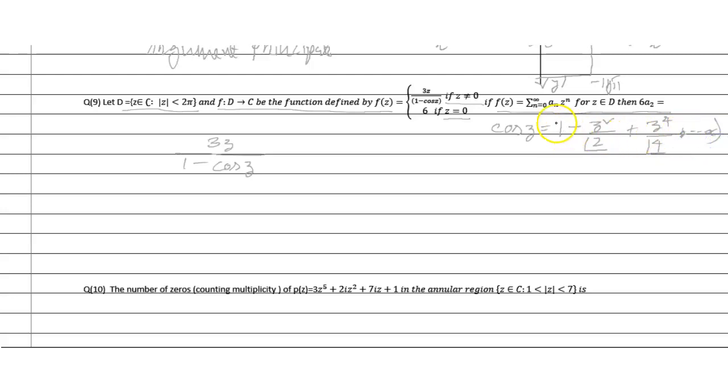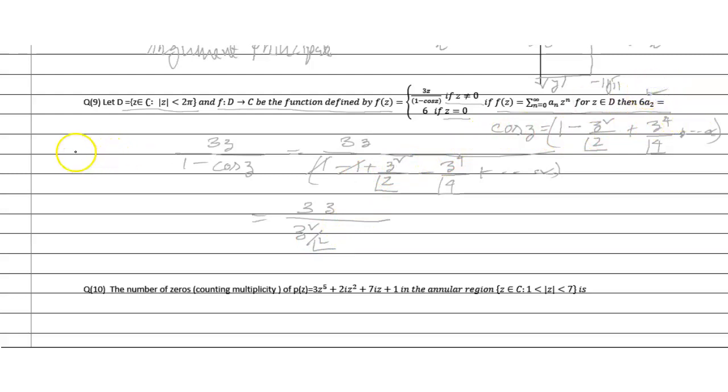So I can write 3z divided by 1 minus 1 plus z square by 2 factorial minus z to the power 4 by 4 factorial, up to infinity. This portion and this portion cancel, and we get 3z divided by z square by 2 factorial, and now a2, 6a2, this is the Laurent series.